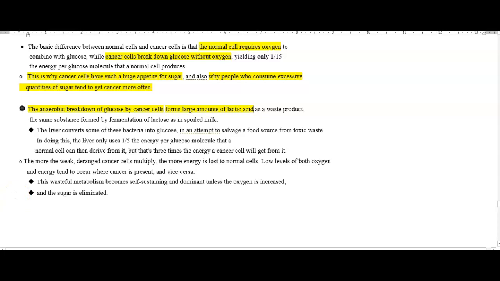The more the weak, deranged cancer cells multiply, the more energy is lost to the normal cells. So low levels of both oxygen and energy tend to occur where cancer is present and vice versa. So its wasteful metabolism becomes self-sustaining and dominant unless they increase oxygen and eliminate sugar from your diet.